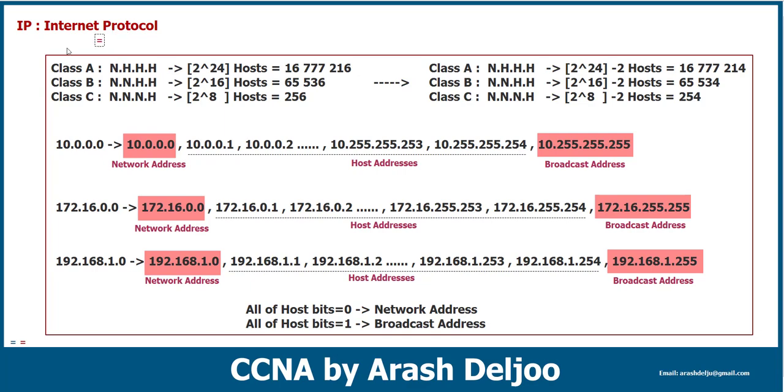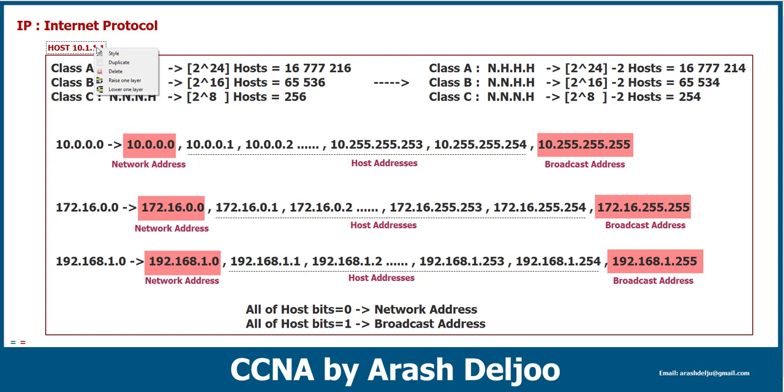For example, when the IP address of the host is 10.1.1.1, 10 is the network part of the address, and this should be the same for all of the computers in this network. And 1.1.1 is the host address, and this can be different and should be different between the PCs, between the hosts in this network.